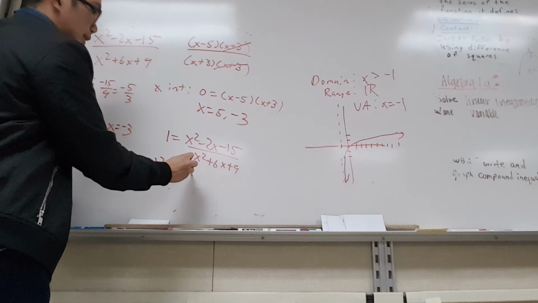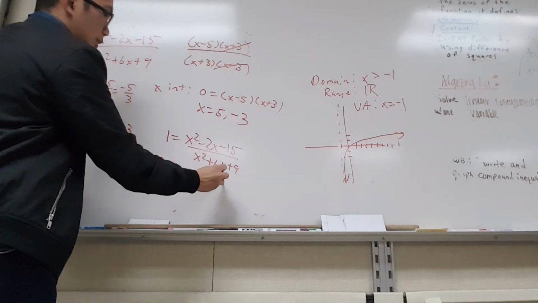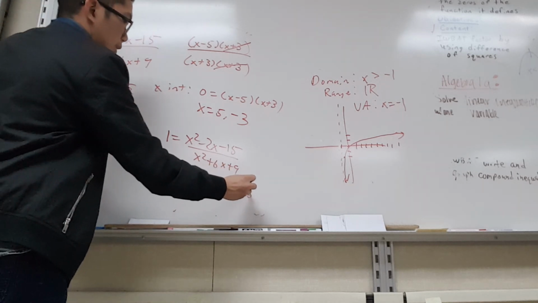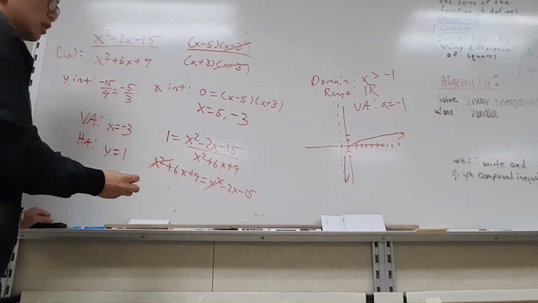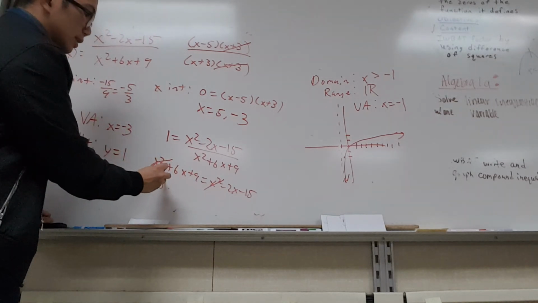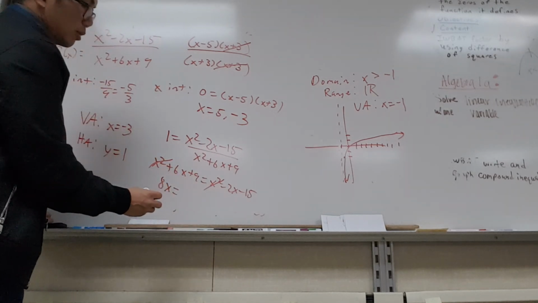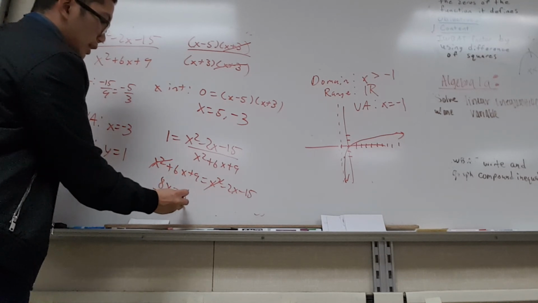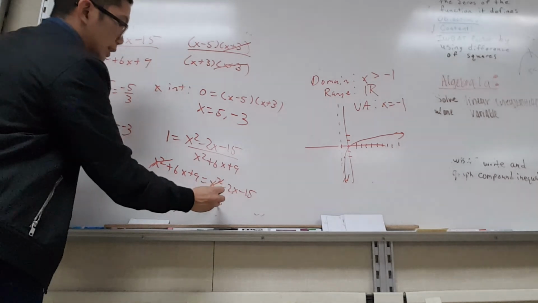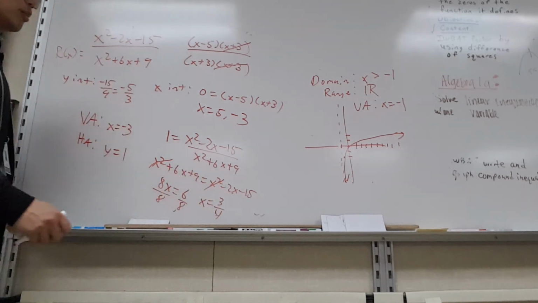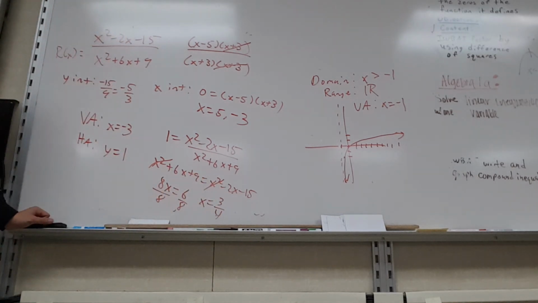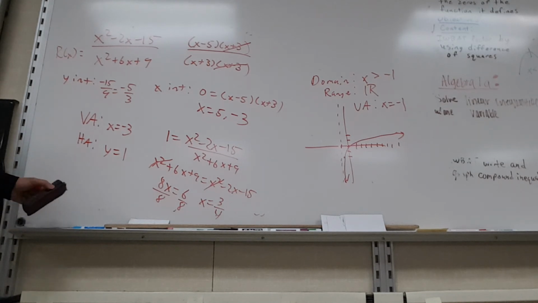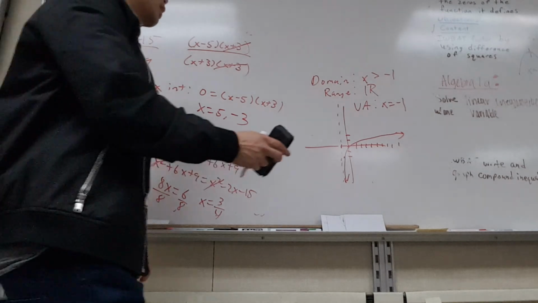X squared plus 6x plus 9 is equal to x squared minus 2x minus 15. The x squares cancel, and I'm left with 8x is equal to 6. Divide both sides by 8. And I know I'm going to intersect my horizontal asymptote at 3/4. Okay, so now we have everything we need to graph this.